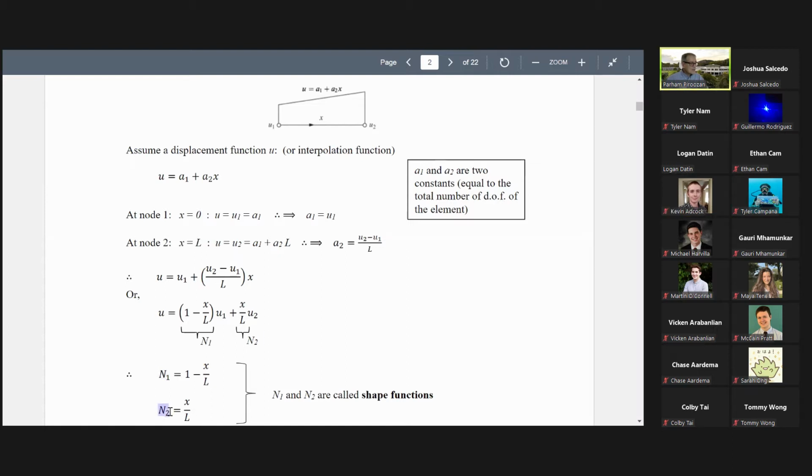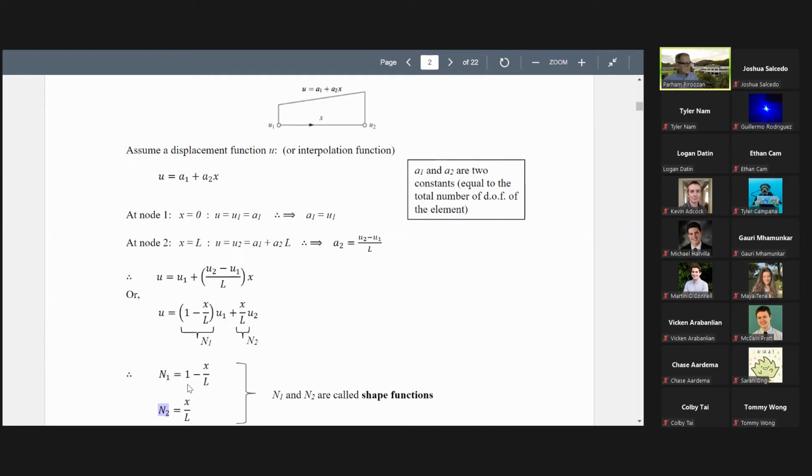What is the value of N2 at node 2, at its own node? 1. X is L, so it is 1. What is the value of N2 at node 1? 0. So very good. So each shape function has a value of 1 at its own node, and it is 0 at the other node.